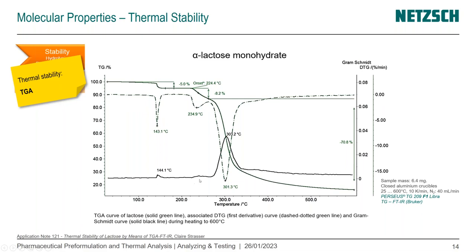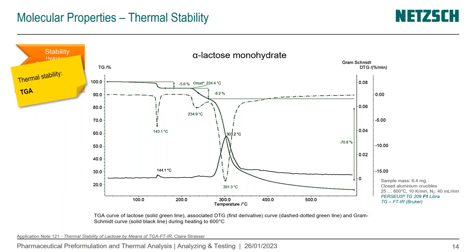We also see here in black this Gram-Schmidt curve. The Gram-Schmidt curve indicates the amount of the evolved substance detected by the FTIR during the heating process. So we see that we have something here at 144 and something at 303 degrees C.